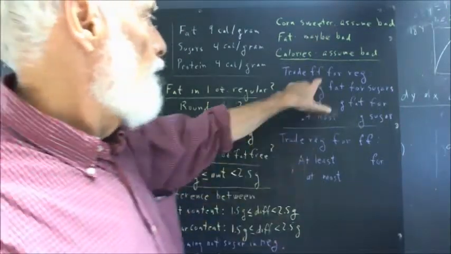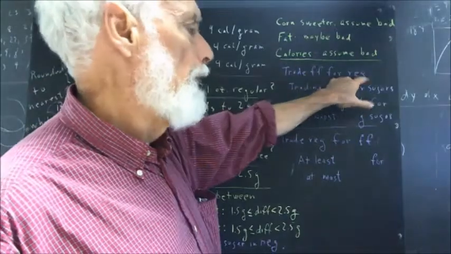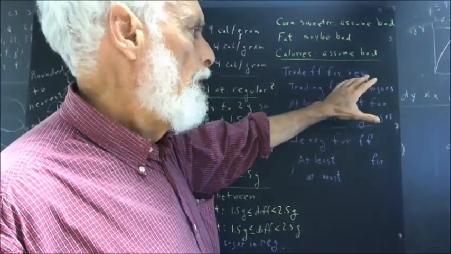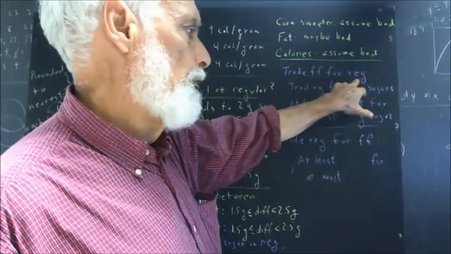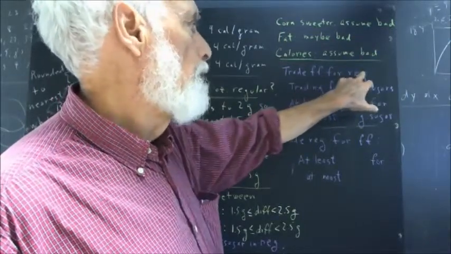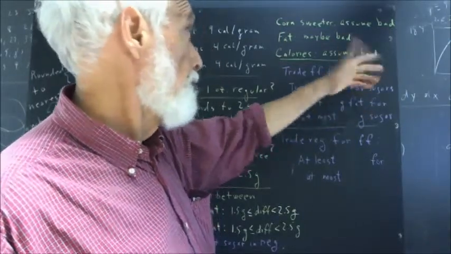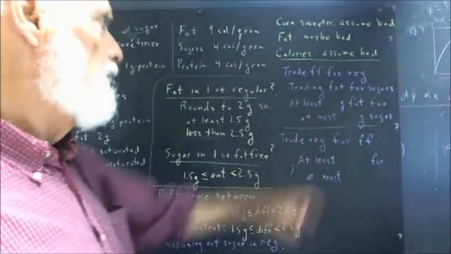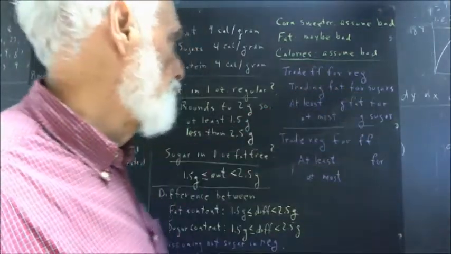So, if we trade fat-free for regular, now, fat-free has more fat, regular has more sugar. So we're trading fat for corn sweetener.